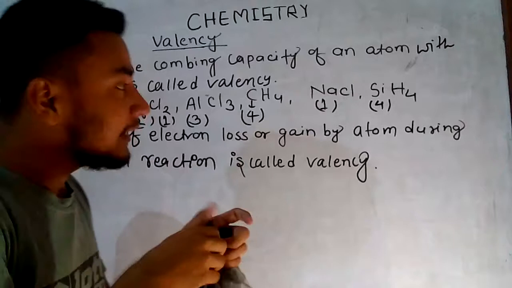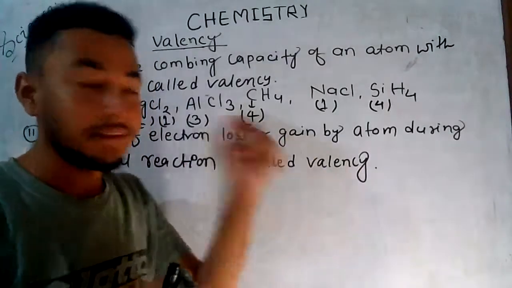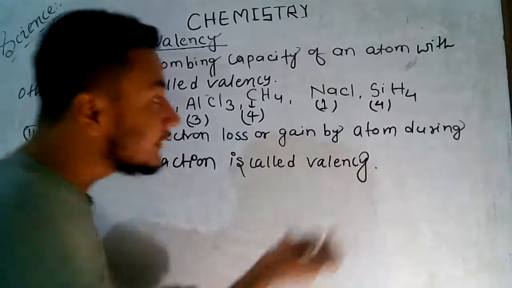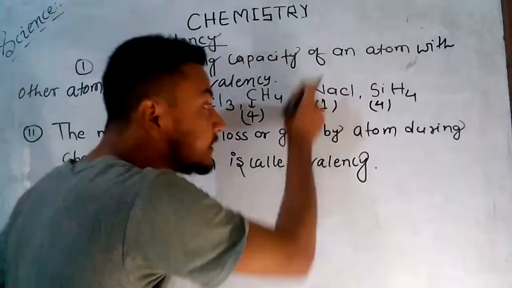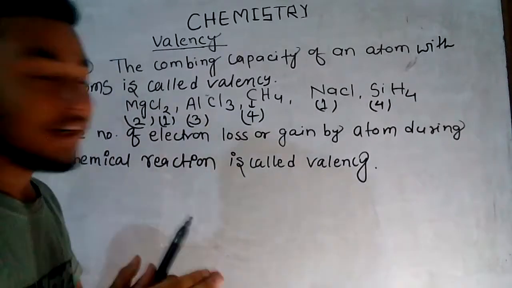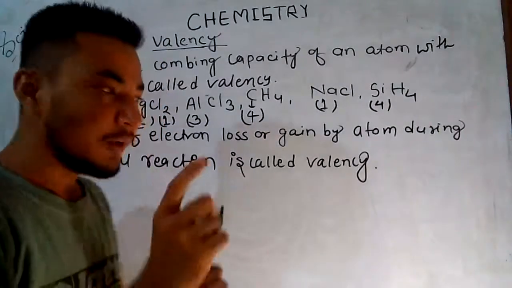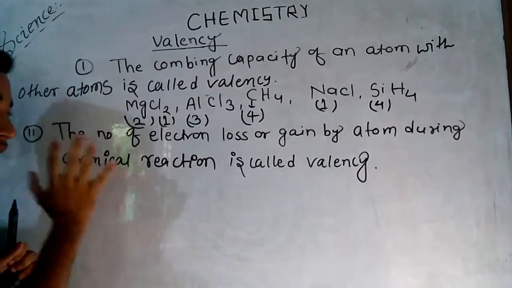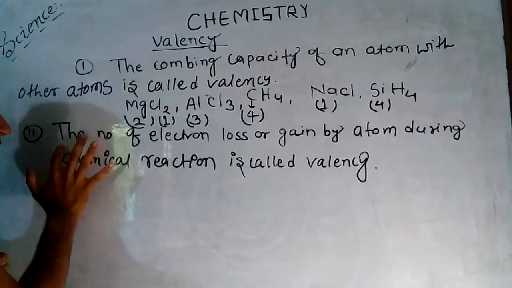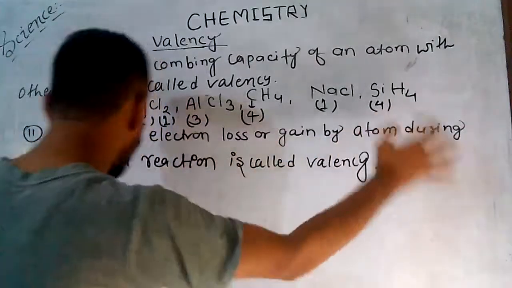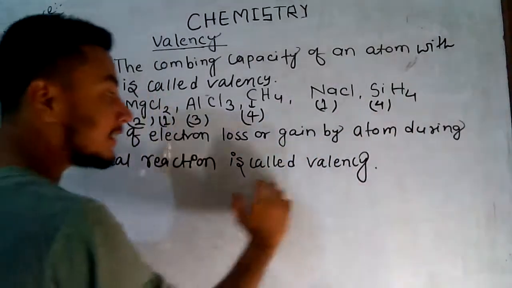You have to tell the valency of atoms, not compounds like NaCl. So tell me the valency of Na. In that case you cannot use this trick, because you have to find the valency of the individual atom. So you use this conceptual definition: the number of electrons lost or gained by atoms during a chemical reaction is called valency.